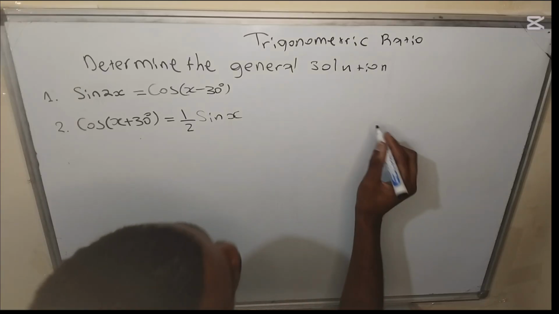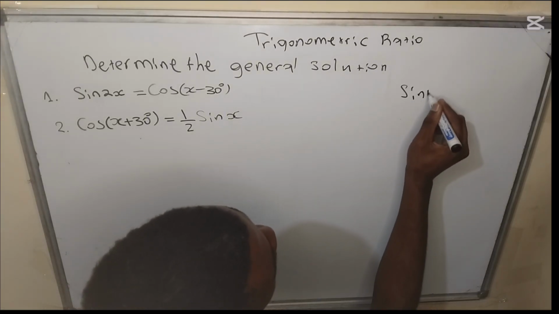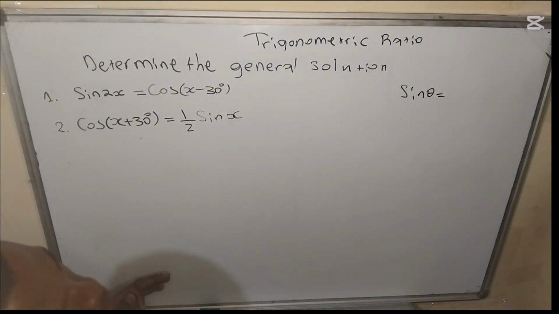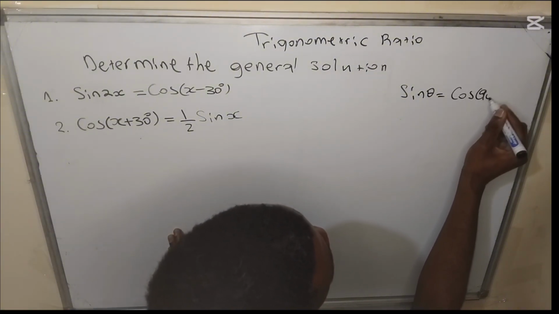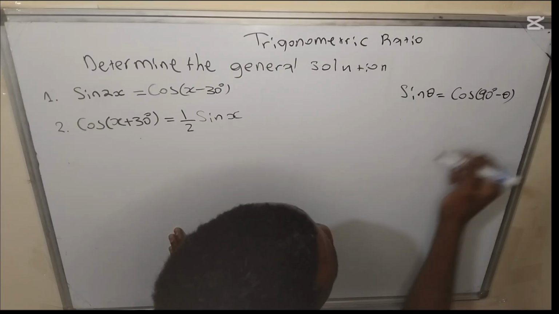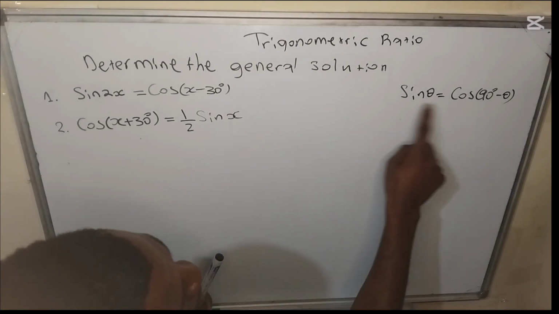We have two co-ratios. Sine theta can also be expressed in the form of cos (90 degrees minus theta), right? Yes, so these two values are equal to each other.